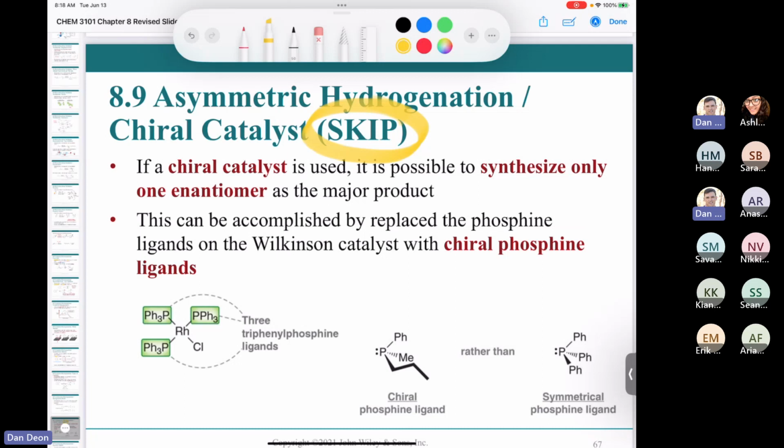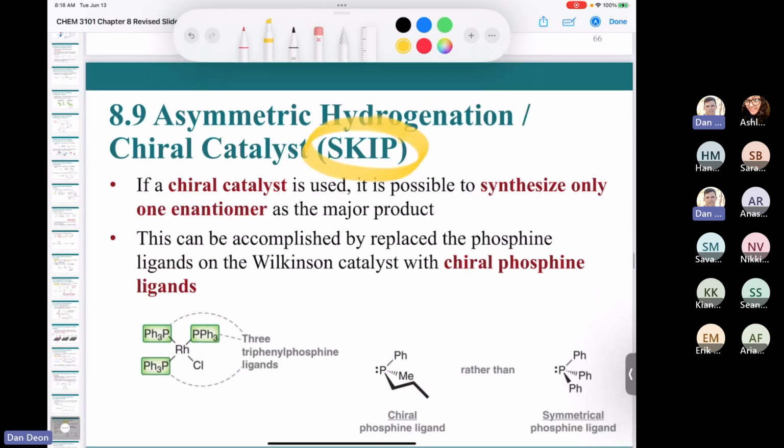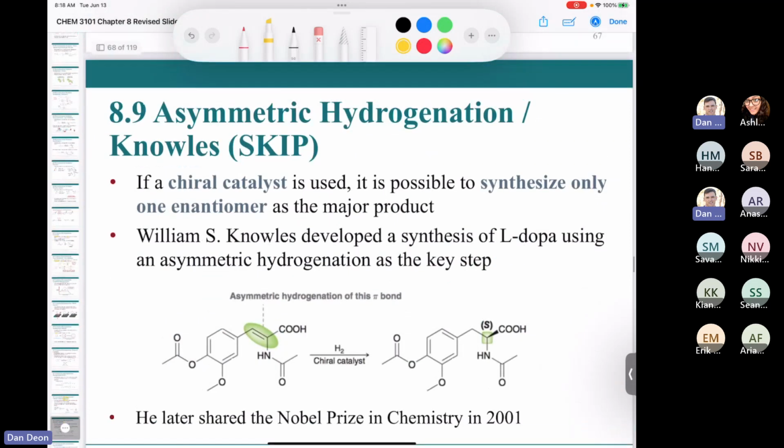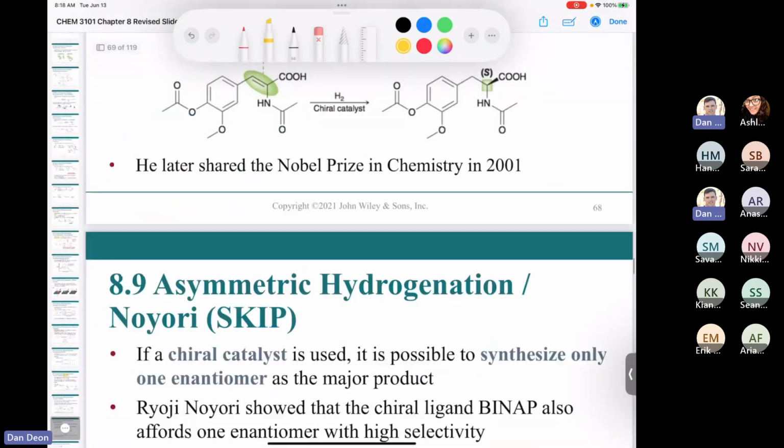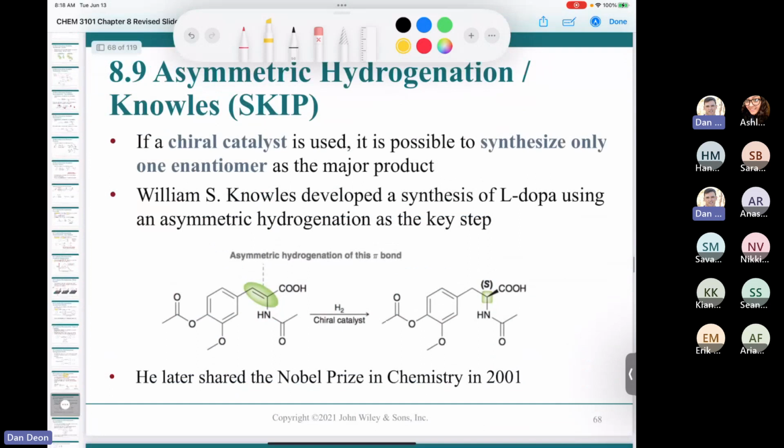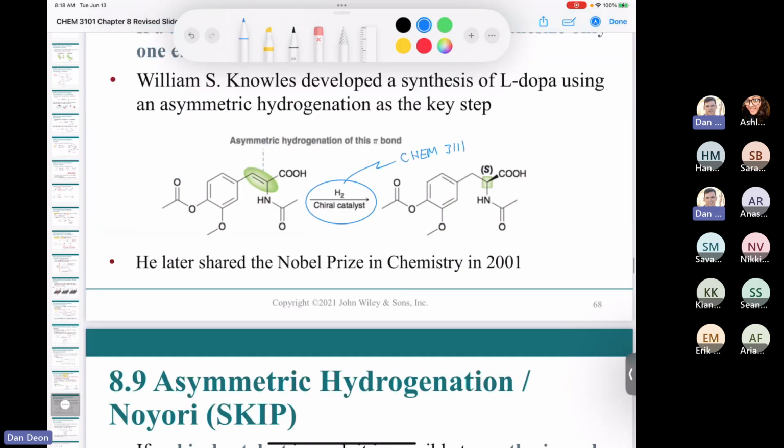It's not covered in any of the quizzes. It's not covered in ACS, so don't worry about asymmetric catalysts or chiral catalysts. We're going to skip this section. We will talk about it briefly in chemistry 3111, in the section on amino acids, but it's not covered in chemistry 3101, so don't worry about that.